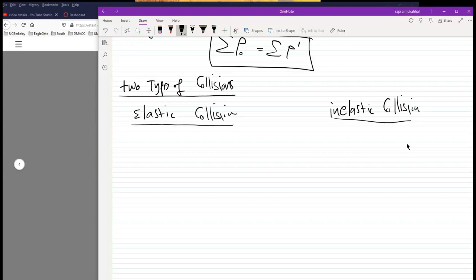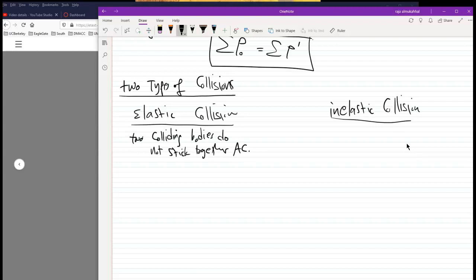An elastic collision means the two colliding bodies do not stick together after collision. That's one aspect of it.